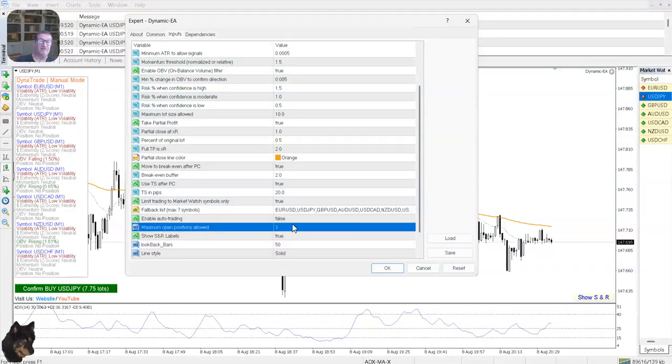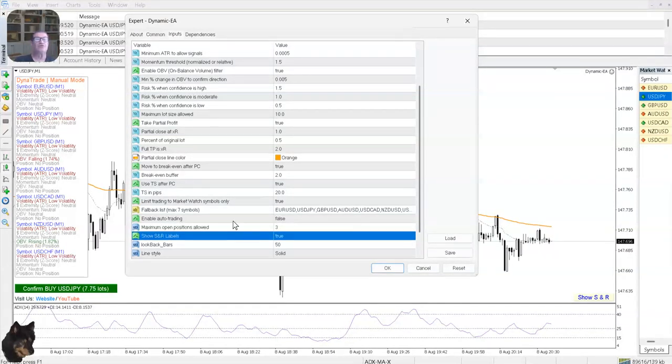Now you set this to 5, you set this to 10, you set this to 20, you're asking for trouble, in my humble opinion, but that's your decision to make. I have it set to 3, meaning that if I were to auto trade and let this EA run entirely by itself, then I will at least know maximum open orders I can have at any given time is 3.